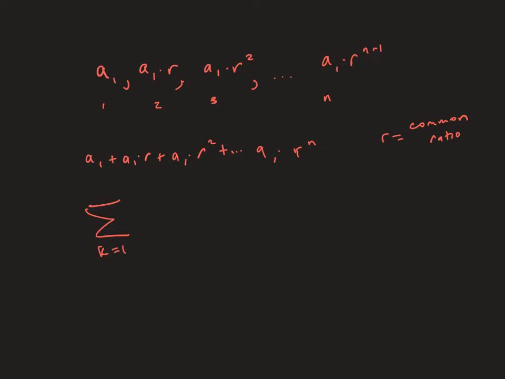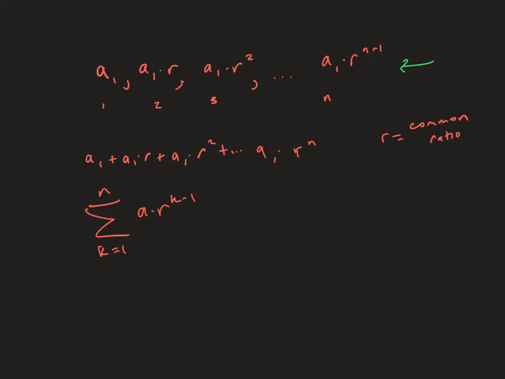We start at 1 and go up to n, meaning our first term is called the first term and our last term is the nth term. To the right of the sigma, we write the definition of each term in general, meaning we can write each term as a sub 1 times r to the k minus 1, similar to what I said up here. It's just that instead of n, we're using k. But you'll see that k starts at 1 and goes up to n because we have n terms.